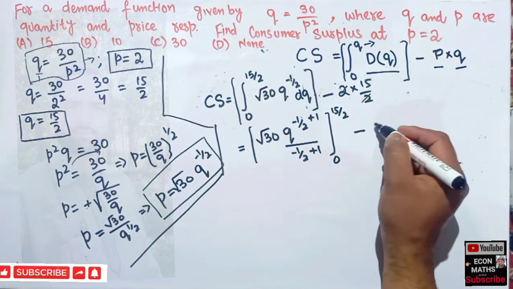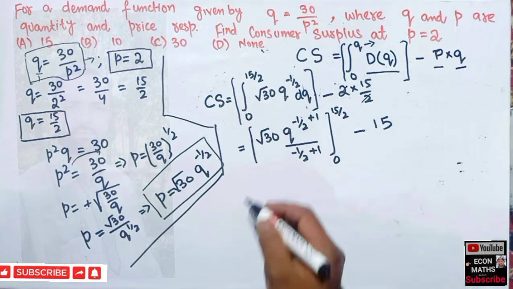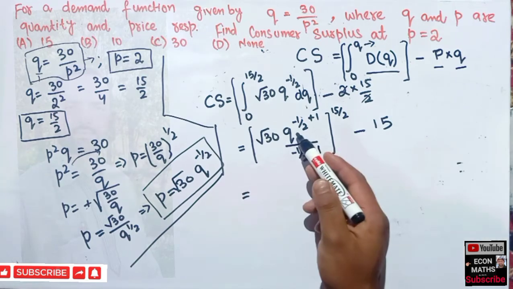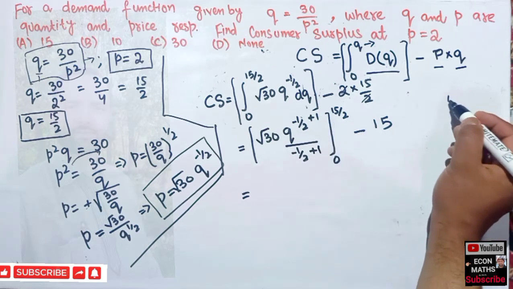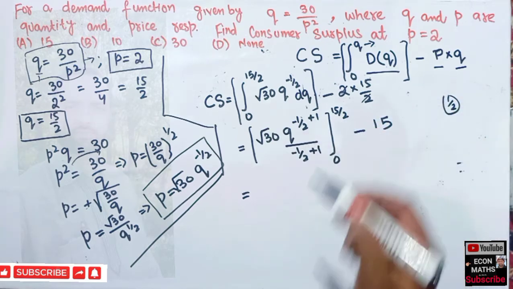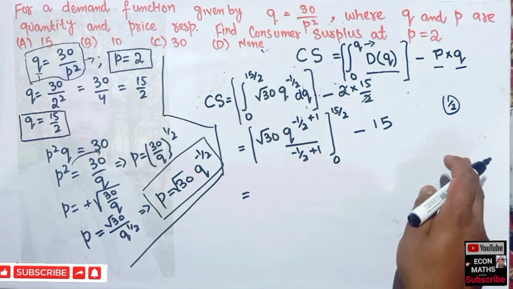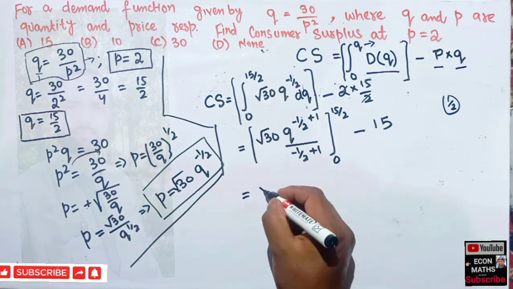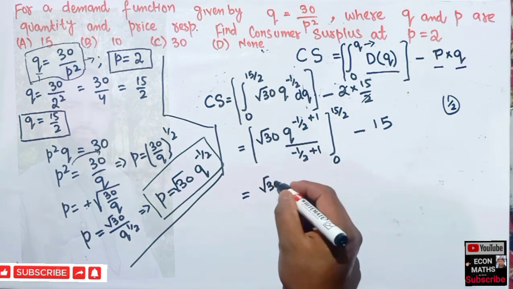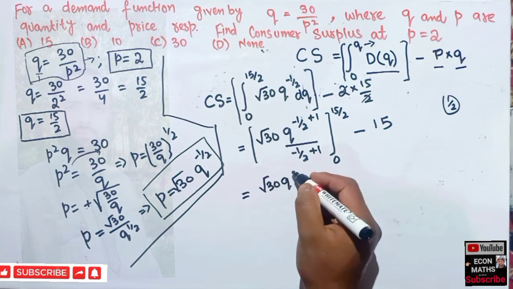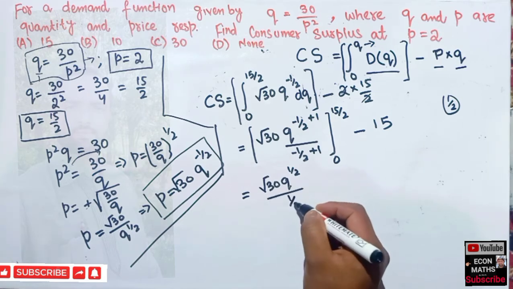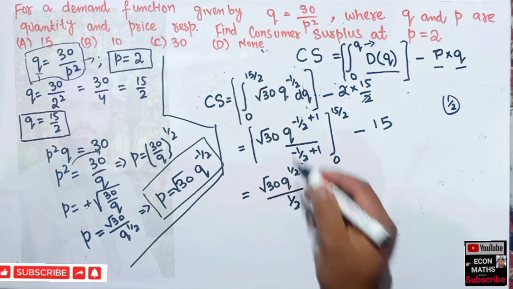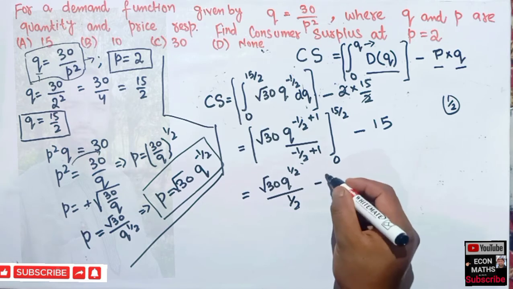The 2 and 2 get cancelled, and we have 15. That implies minus 1 by 2 plus 1 is equal to 1 by 2, as I have shown you here. So we get 30 Q to the power 1 by 2, with 1 divided by 2 in the denominator, in place of this expression, minus 15.